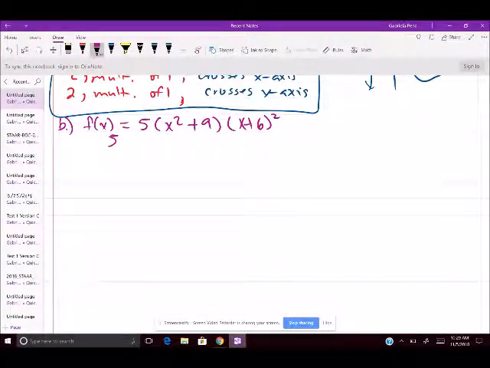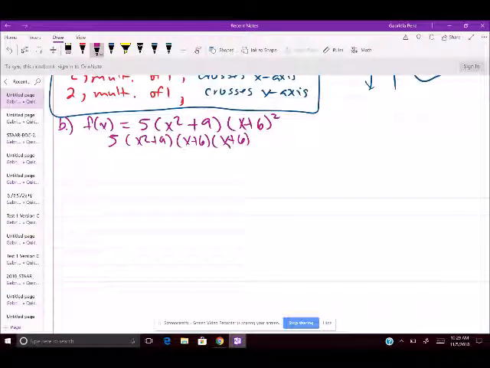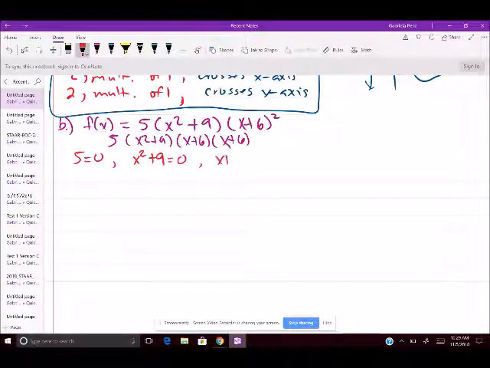This means 5. This means x squared plus 9. Now this means x plus 6 and x plus 6. What am I supposed to do once everything is factored out? Set each one equal to 0. If you have a question, please ask and stop me.